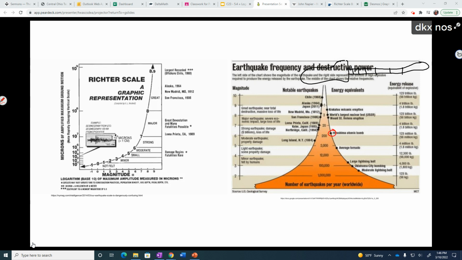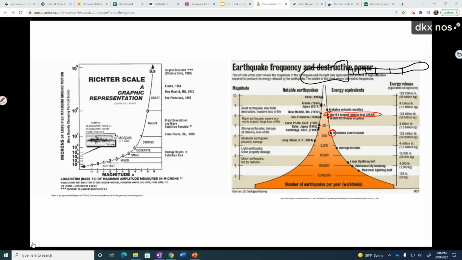The Hiroshima bomb would be just over a 6 on the Richter scale, because it comes with the amount of energy released. And you remember the Tsar Bomba, the giant nuclear missile that they tested?